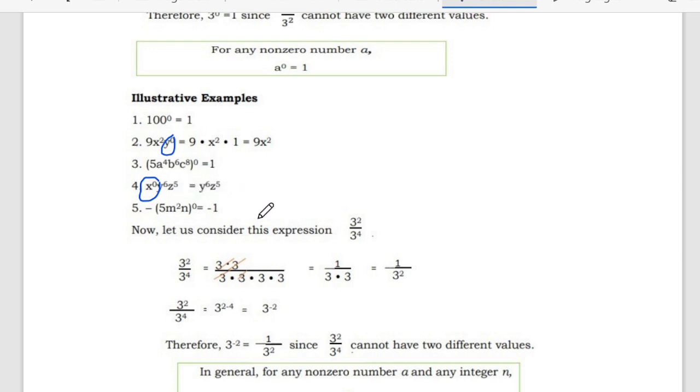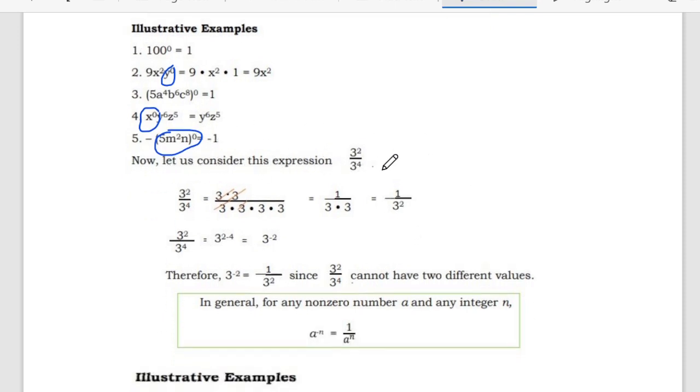So that's your answer. Then, negative times the quantity 5m squared n raised to 0. This quantity here is 1. Well, you still have the negative there, so that's why the answer is negative 1. Okay.